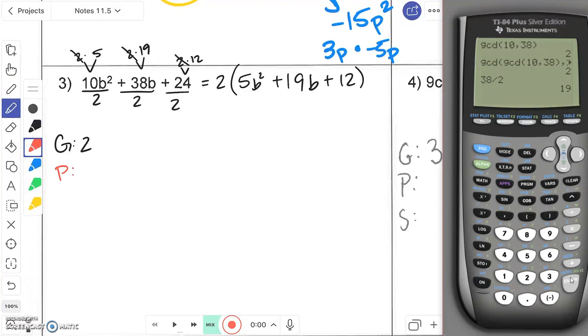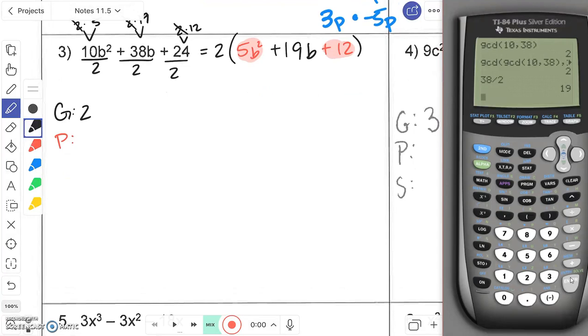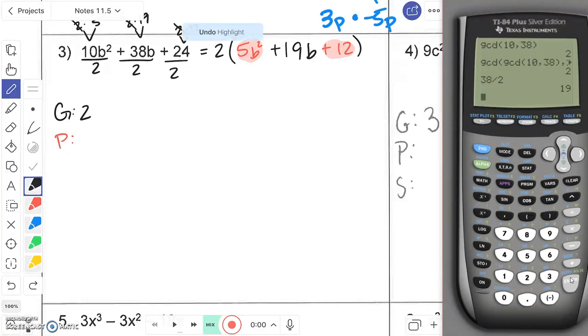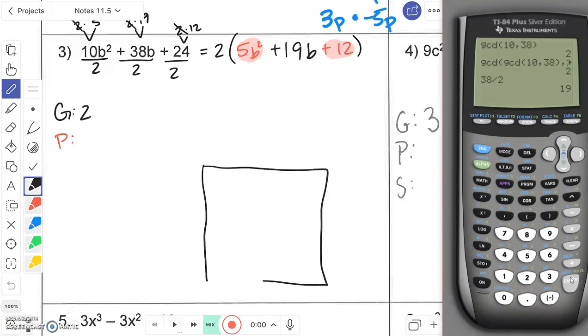Now I can say, okay, my product is going to be those 2 multiplied together, which means I need my box. So we're going to bring back my box. So there's my box. I'm going to put A and C inside there.